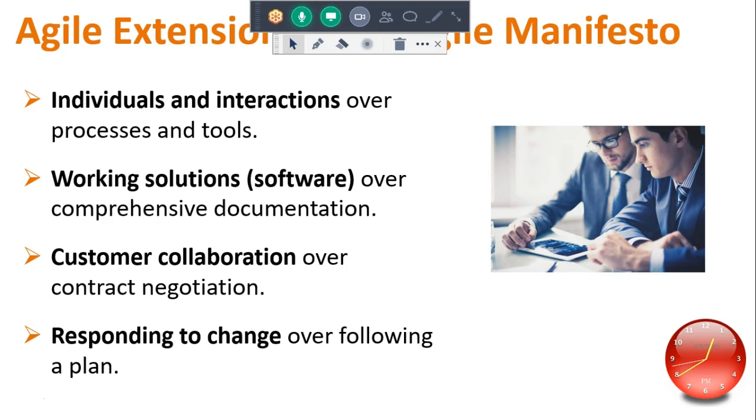We just feel that those aspects are not as important as respecting individuals and interactions and working solution and collaboration and change. So, nice to take the manifesto and highlight the important parts, but not delete the unimportant parts.